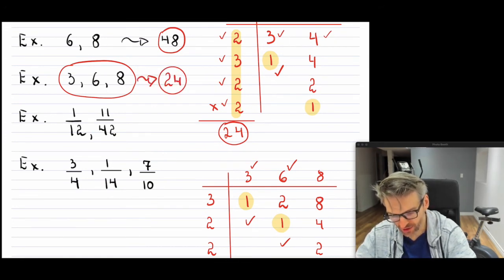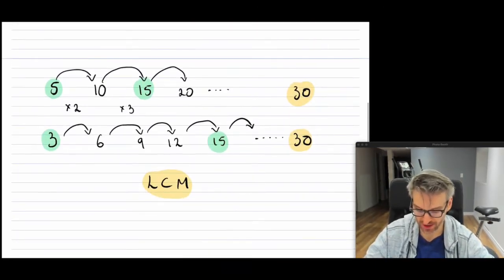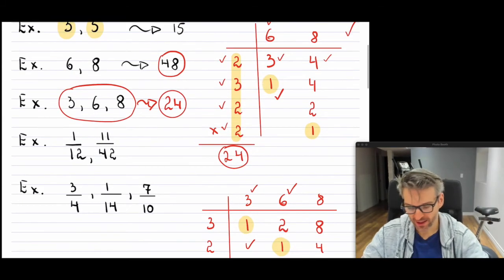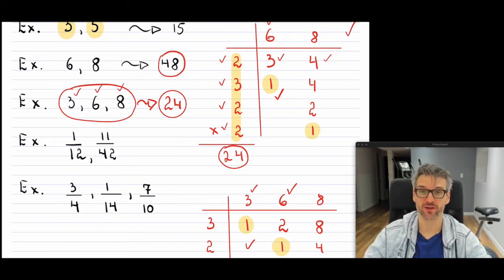Now, if you didn't use this method, you can use other methods. You can certainly list all the multiples and then check which one is the smallest if you really wanted to. But if you have 3 of these and you try multiplying all of them, 3 times 6 times 8, so 3 times 6 is already 18, and then 18 times 8, you're going to get into the 120, something there.